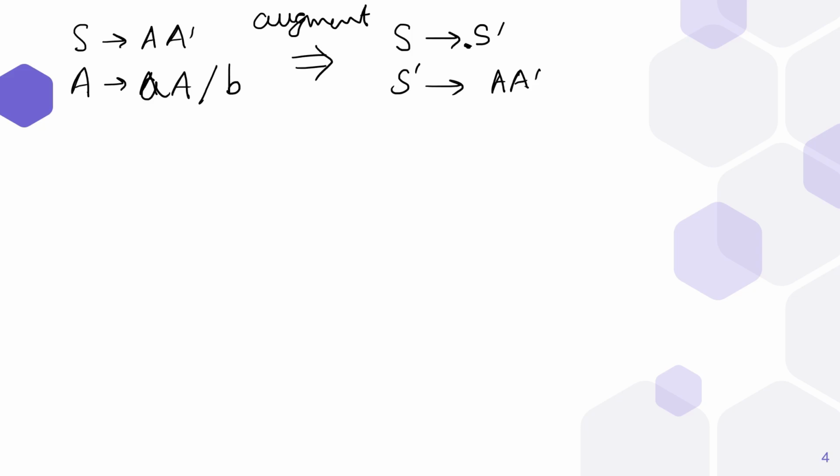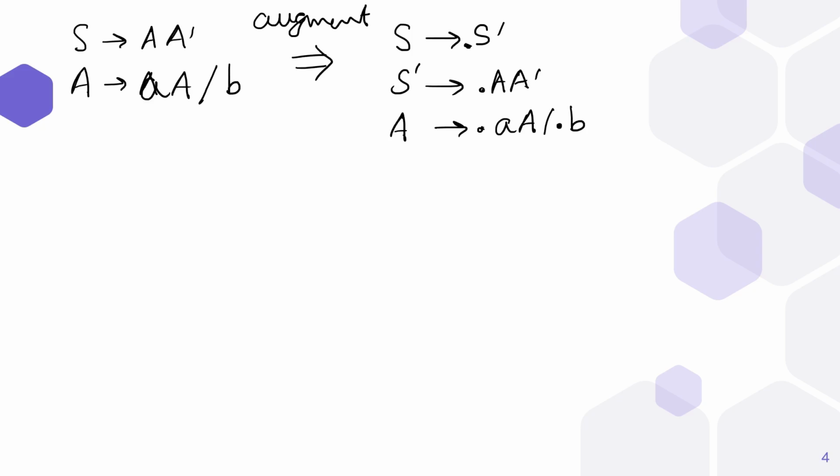So this is the first step that we need to follow for every LR parsing table. Here the dot indicates whether the production has been parsed or not.